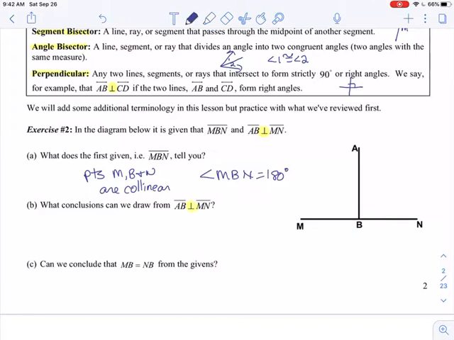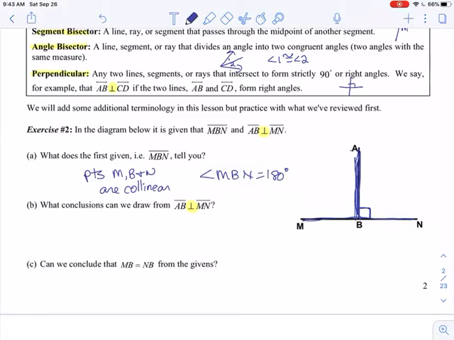The big thing that we're going to use over and over again is the perpendicular. So if AB is perpendicular to MN, I look at AB, I look at MN, and I draw that perpendicular symbol in there. Now in this one, I certainly don't have to trace over AB and MN, but if I have a diagram that's a little bit more complicated, you might want to trace the lines that they're telling you so you know where the right angle actually is.